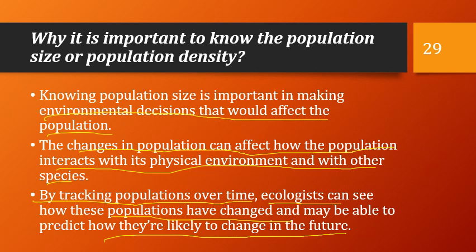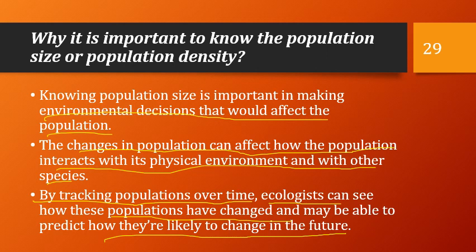Because if it happens that the number of a species is declining, our environmental ecologists may conclude that these species may be extinct, or these species may be endangered, and of course from that they could make rules or policies that govern or regulate the lives of this particular species.